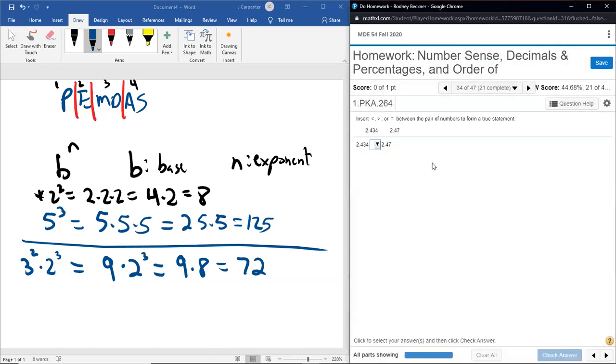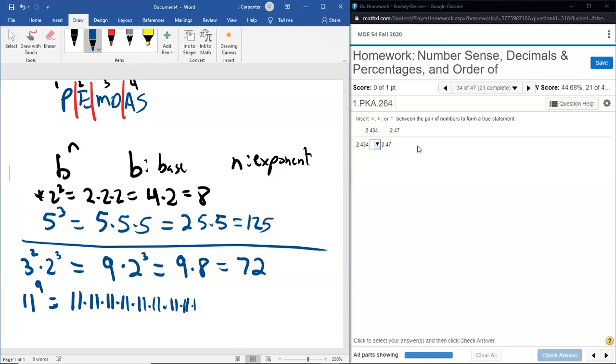Exponents are a way of multiplying something over and over and over. It's a great notation, especially if you had something like 11 to the 9th. It would be much better to write that as 11 to the 9th power instead of 11 times 11 times 11, and so on up to 9 of them.